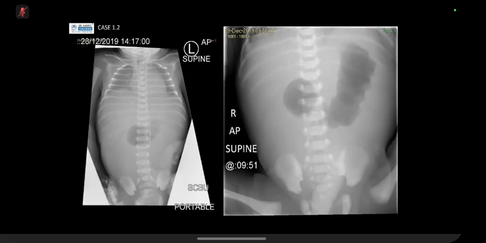And in the second image, at a later time, the other small bowel loops are not seen.